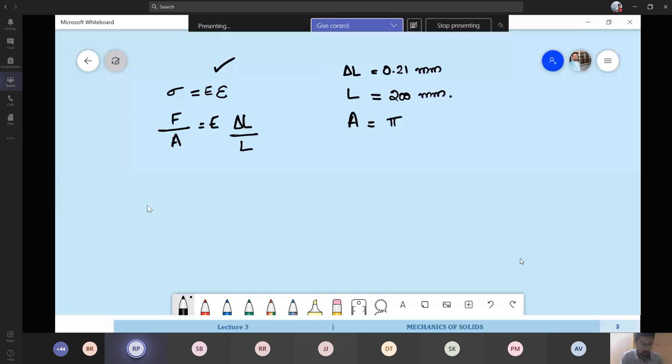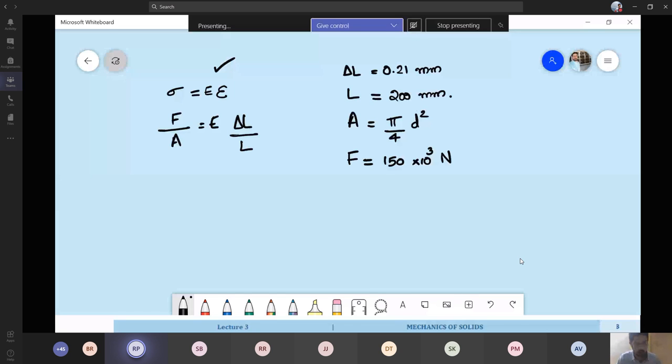And what value will you use for F? F will be 150 kilonewton. What's the reason you are putting 150 kilonewton? Sir, because at that given force we know the elongation, so with that we can find it.